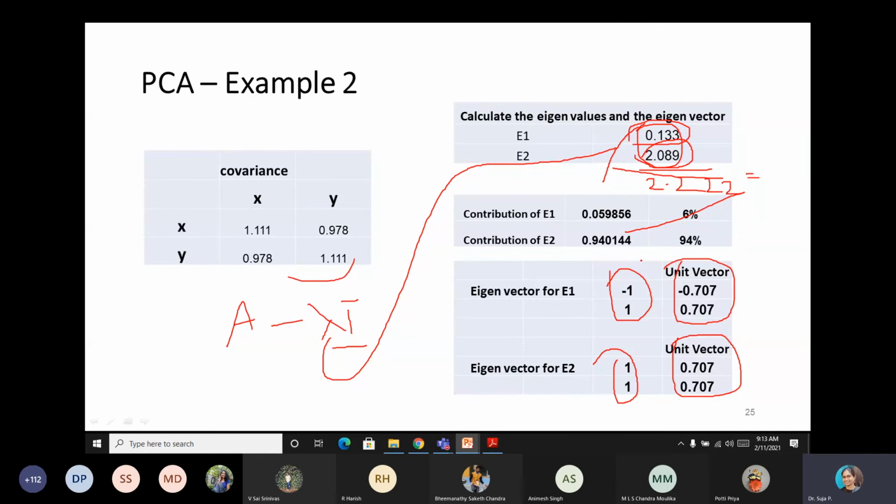Okay, so this has the higher contribution. So we sort it in descending order, and we can go with the contribution of the second eigenvector. So we can ignore the first eigenvector and take the second eigenvector.